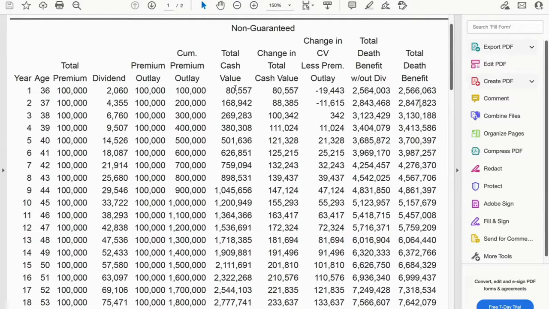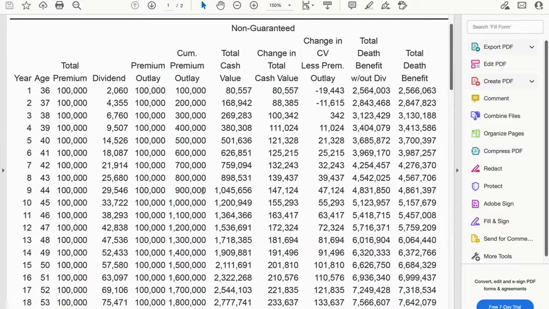Our whole goal in properly structuring a policy is to minimize the expenses and minimize the death benefit as much as we possibly can, to where it's still considered insurance. By doing so, more dollars will go towards our cash value. We do that by putting on a few riders, paid-up addition riders, term riders, essentially riders that allow this to be cash rich versus death benefit rich.